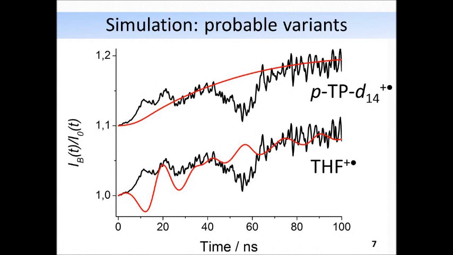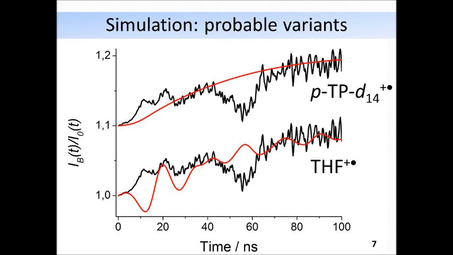The observed range of the quantum beats in the magnetic field effect carries information about the constants of hyperfine interactions, but we cannot obtain it directly from our magnetic field effect. But we could simulate it with a range of hyperfine constants.